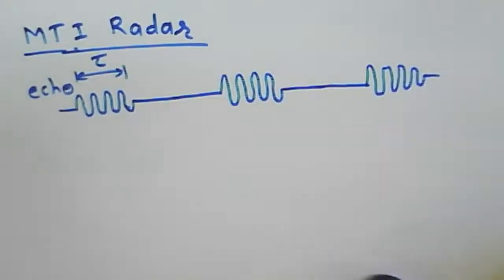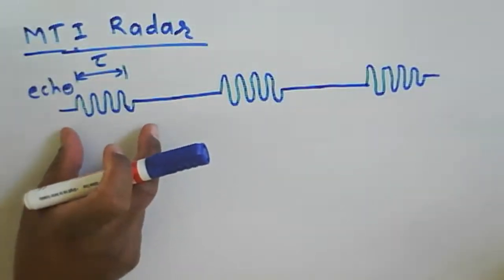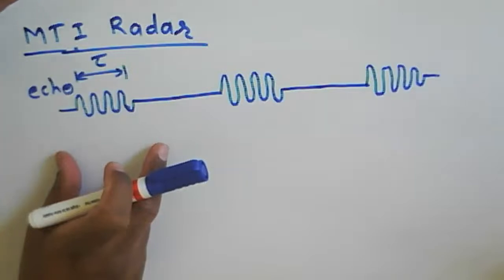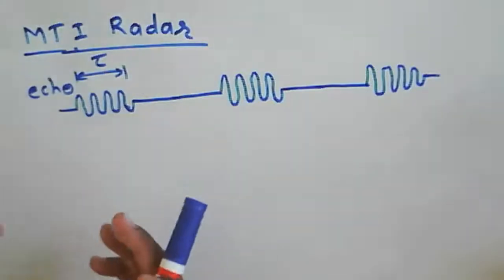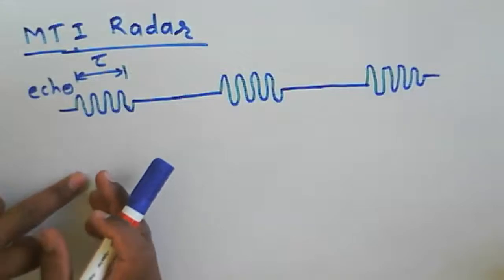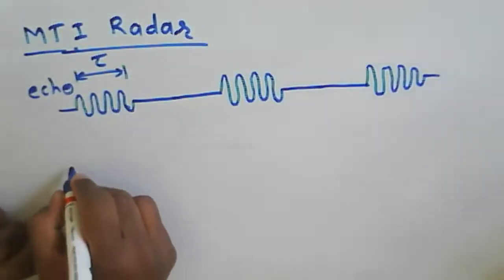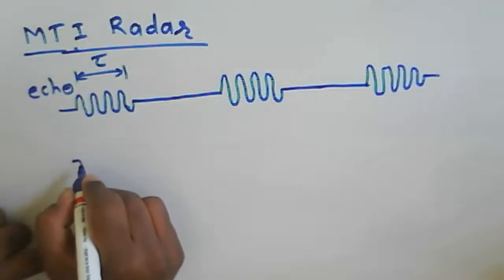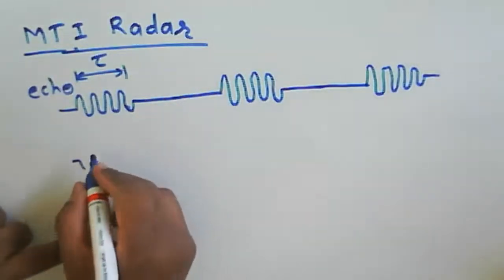Generally display devices display this train of pulses as a video pulse, and that video pulse we detect after the phase detector. So these are the video pulses we are detecting, and they have a phase difference here.